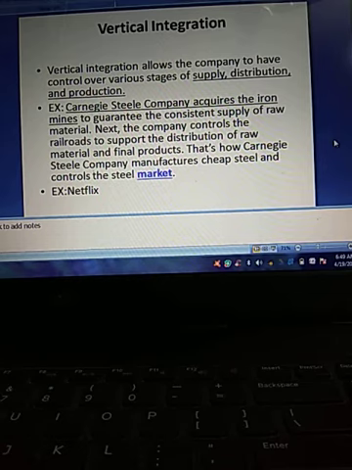So generally in vertical integration, we have control over the entire supply chain, distribution, as well as the production activities. What are the best examples?